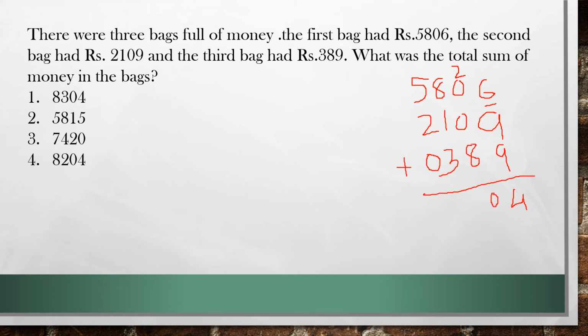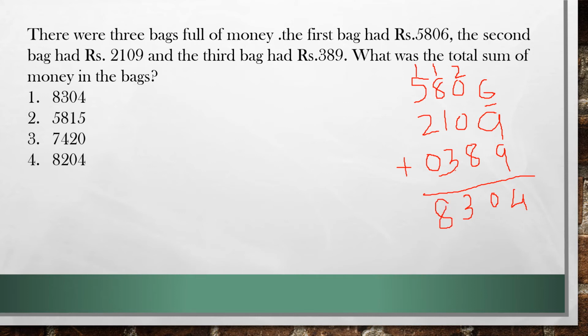So we'll carry 1 here. 8 plus 1 is 9. 9 plus 1 is 10. 10 plus 3 is 13. So 3 here and 1 we carry. So 5 plus 1 is 6. 6 plus 2 is 8.